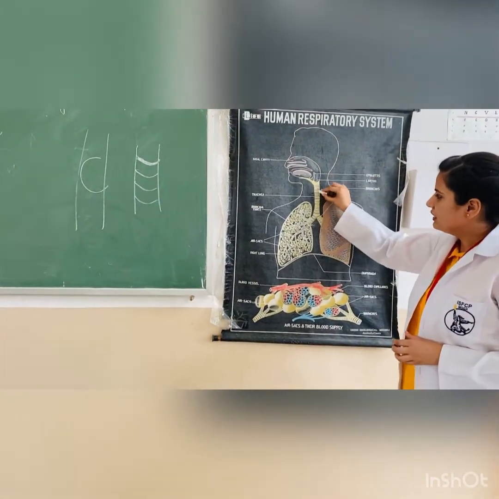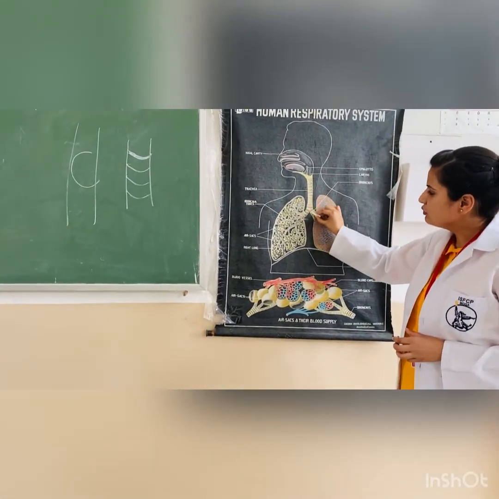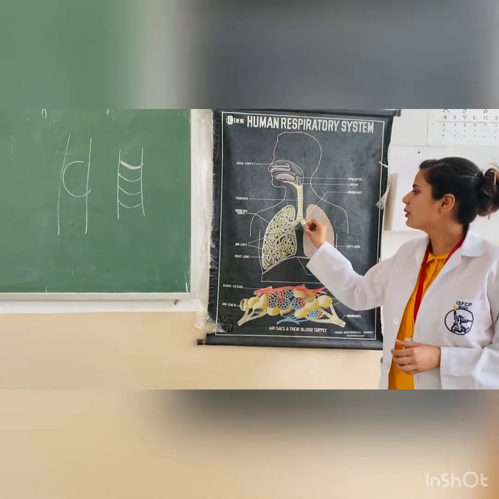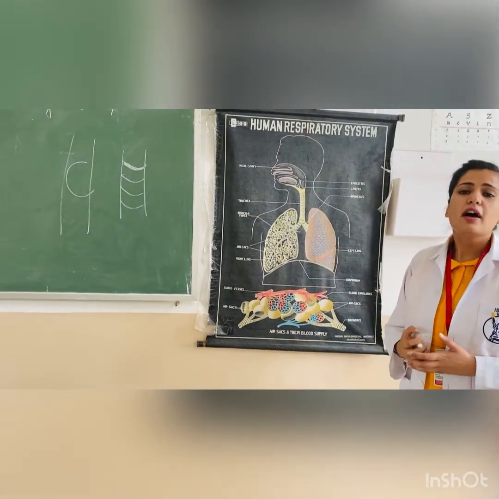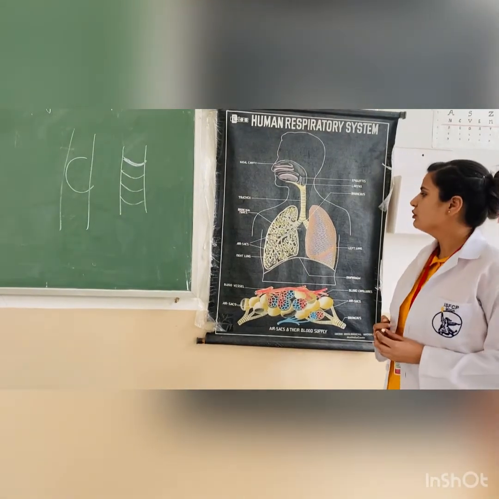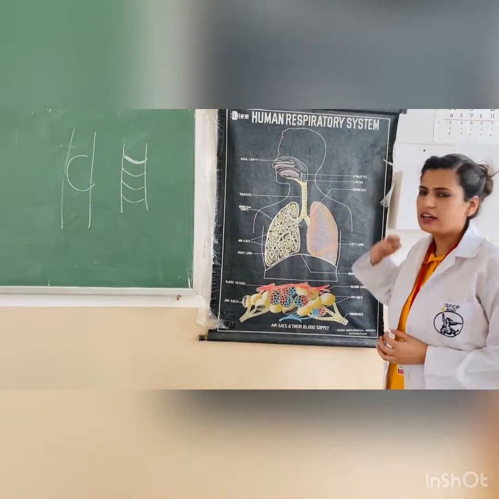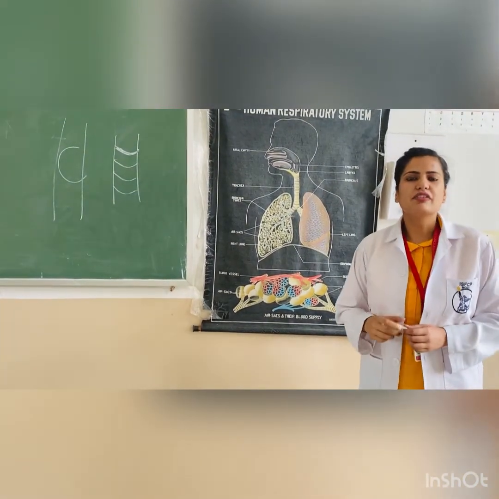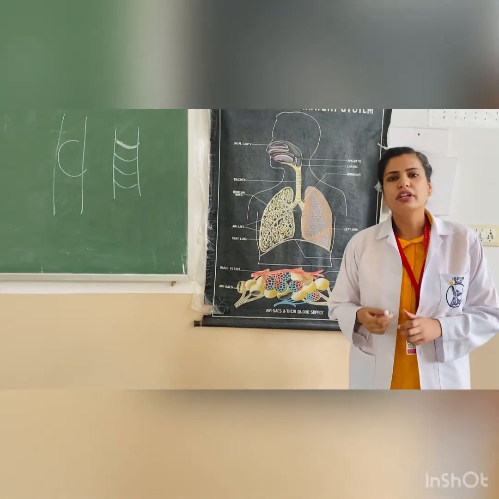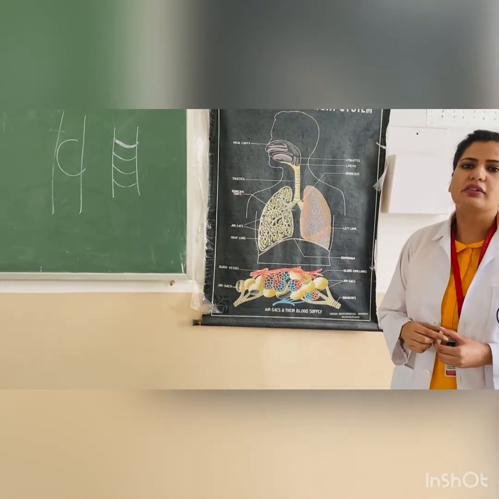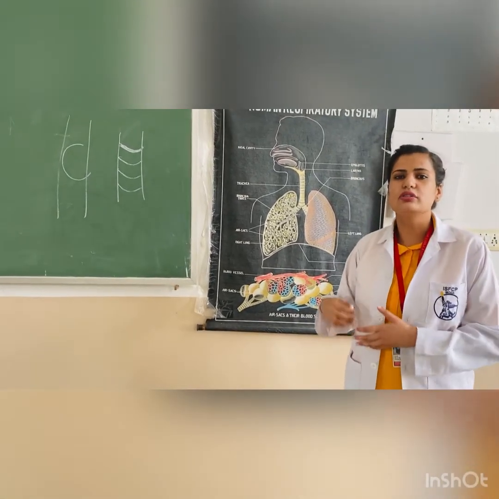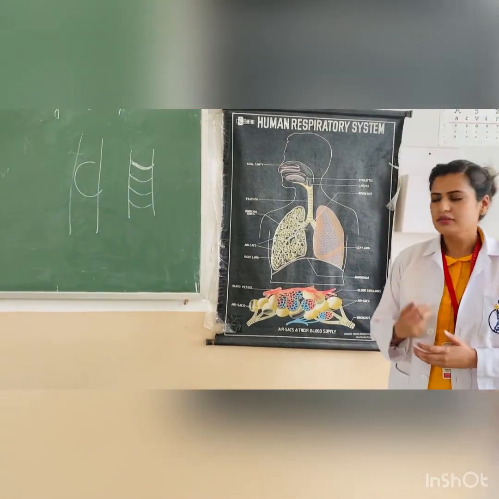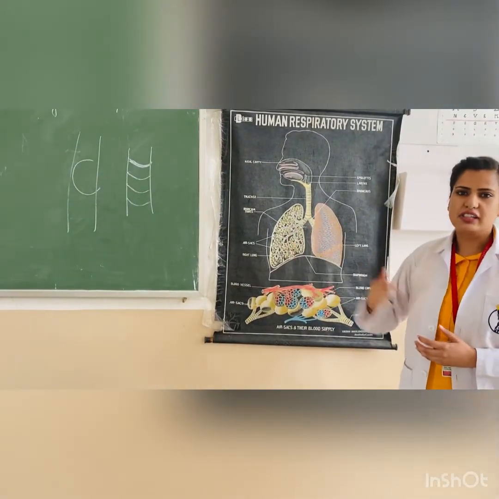Afterwards, the trachea splits into 2 branches. These branches are known as the primary bronchi, each going into a lung. The left primary bronchus will go into the left lung, and the right primary bronchus will go into the right lung, as there are 2 lungs, one on each side.